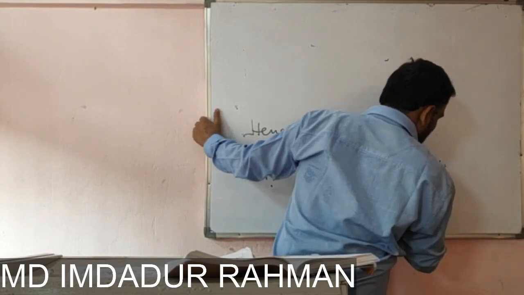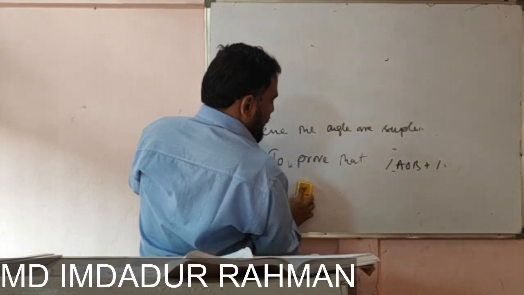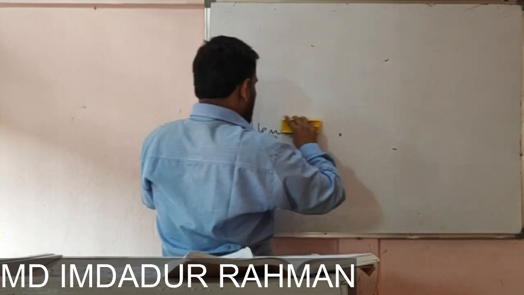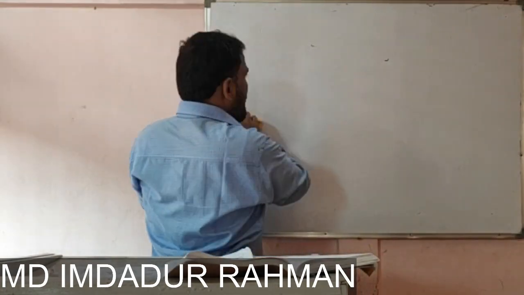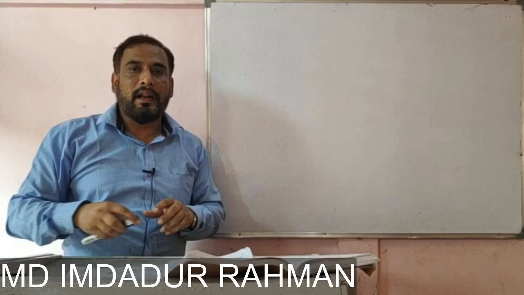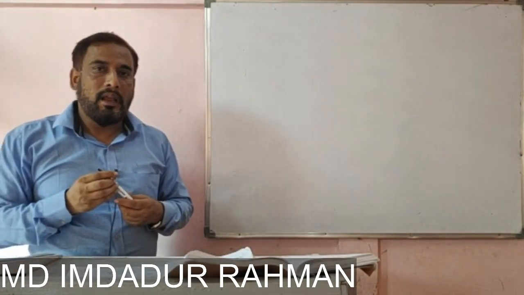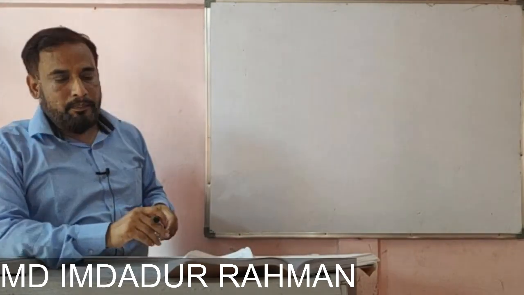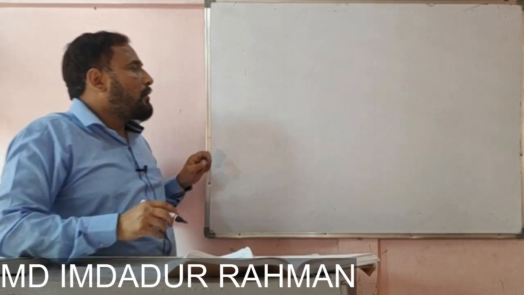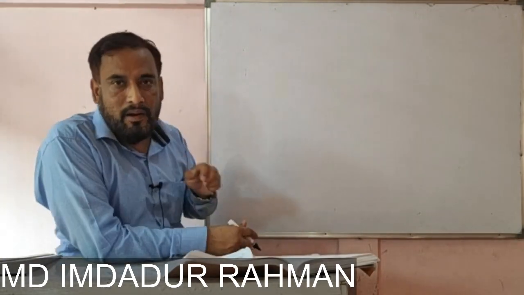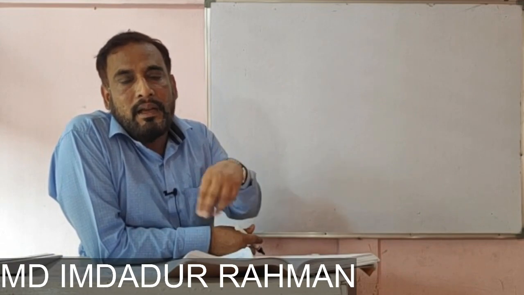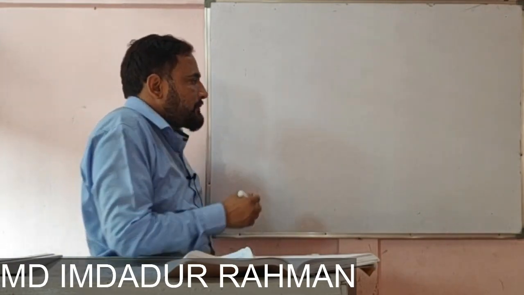We know that in a parallelogram, opposite sides are equal, and in a rhombus, all the sides are equal. So if this parallelogram has all sides equal, then we can show that it is a rhombus.